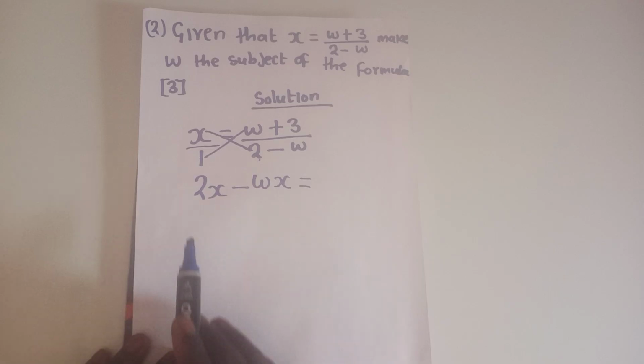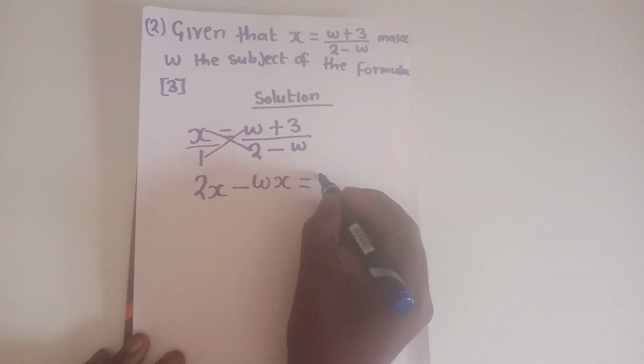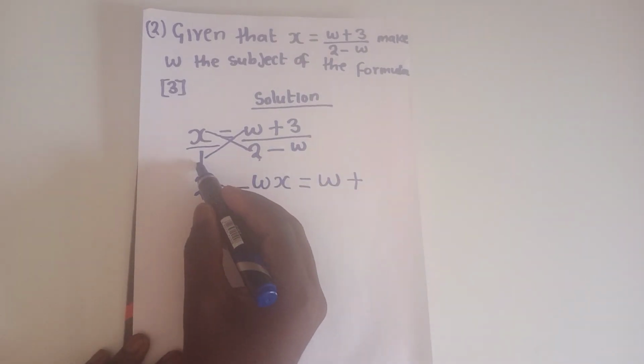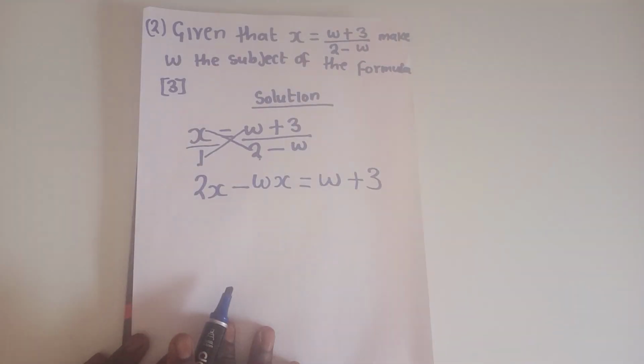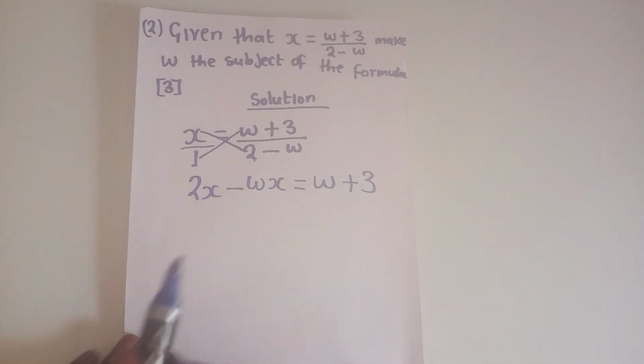The next thing you say 1 times w. What is 1 times w? It's w, plus 1 times 3, it's 3. Now, what is the question telling you to do? To make w the subject.